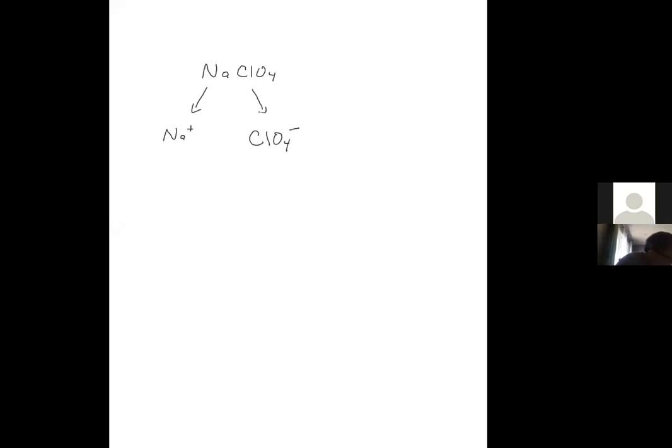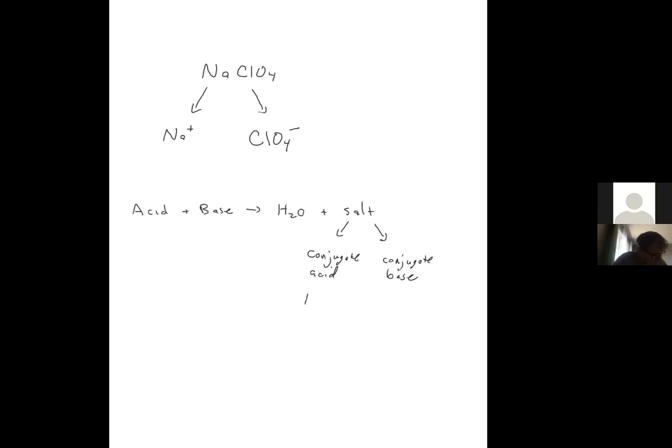So let's remind ourselves, if you take an acid and you react it with a base, you get water and you get a salt. The salt has a conjugate acid and the conjugate base within it. Now, in general, the conjugate acid is the positively charged one.